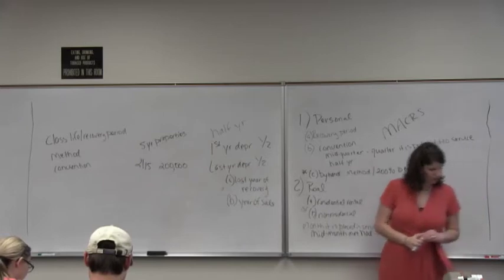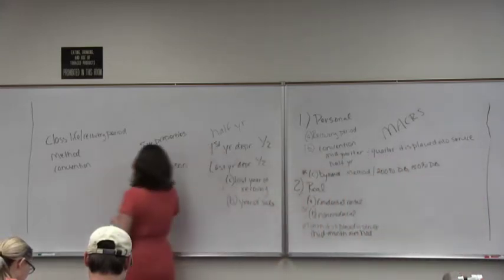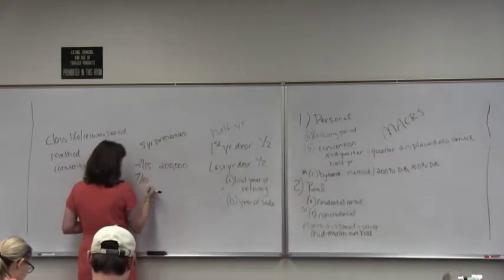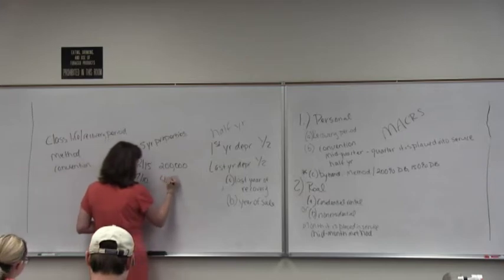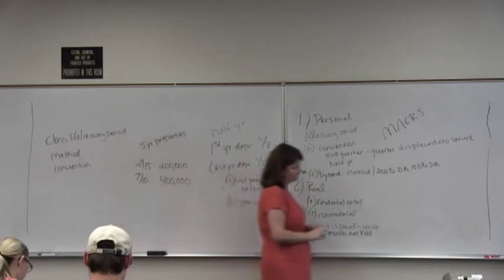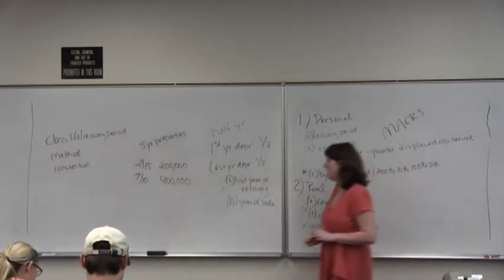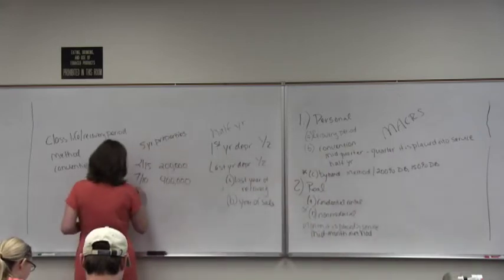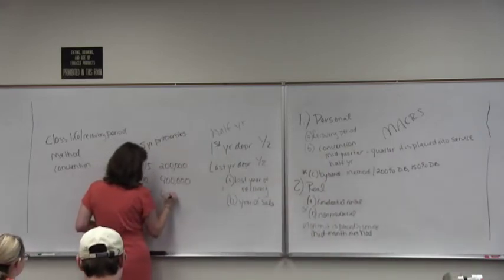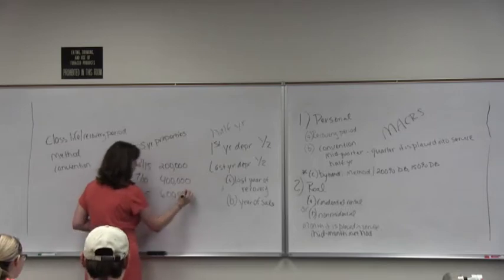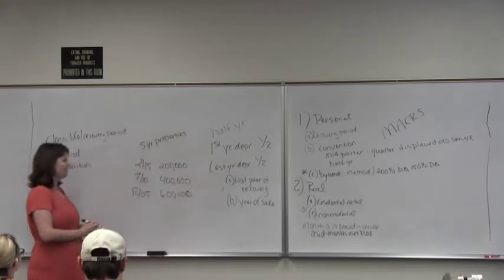The second one was purchased on July 10th, and they paid $400,000 for it. And the last one was placed into service on December 5th, and they paid $600,000 for it. So these are 3 different properties.